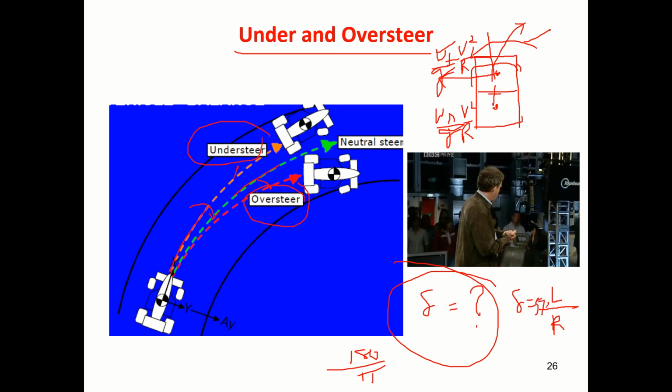So delta equals 57.3 L by R. That means if I know the vehicle wheelbase length and also the turning radius R, then I can find out what we call the theoretical, that is, neutral steer. Understeer means I should steer more than this angle. Oversteer means I will steer less than that angle. That is the meaning.